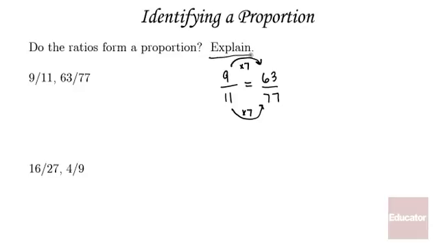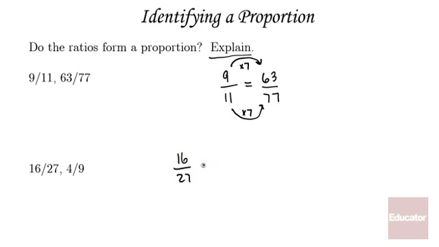So if I wanted to explain, I could say, yes, these proportions are equal because I can multiply the numerator and denominator, or the top and the bottom of the ratio, by 7 and come up with the equivalent proportion of 63 over 77.